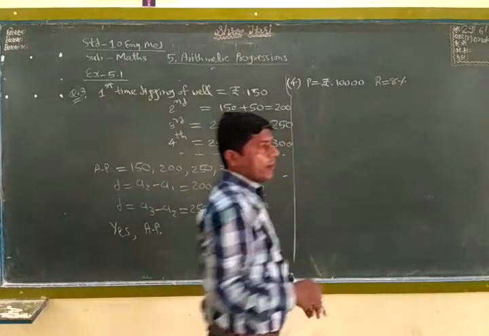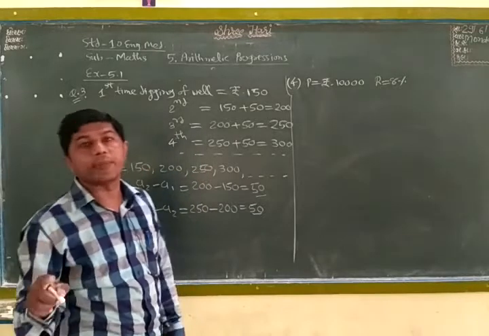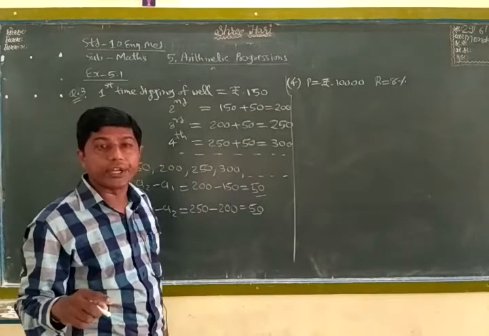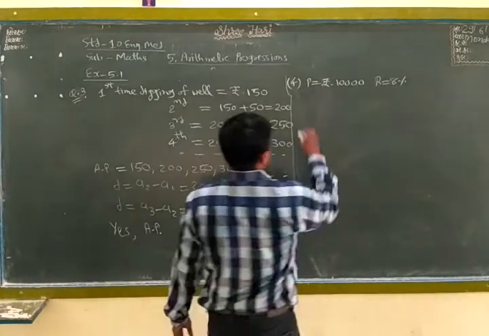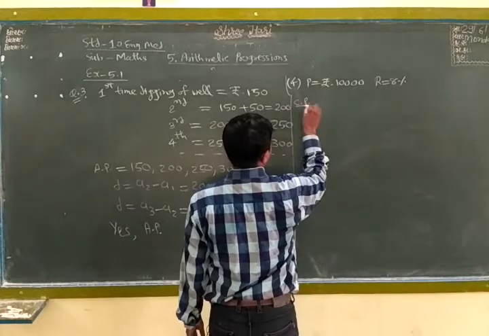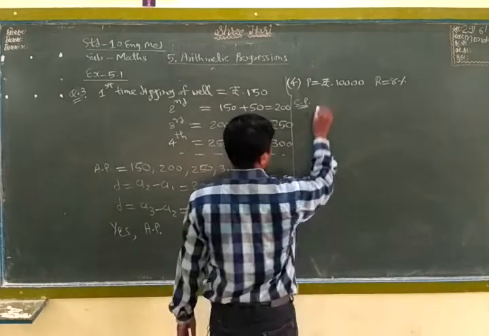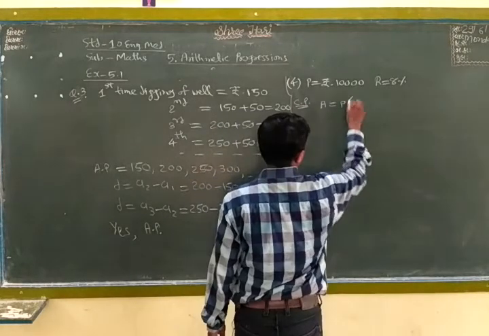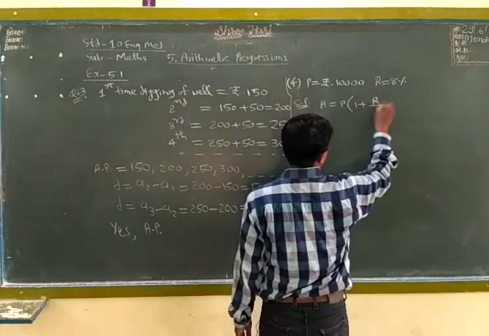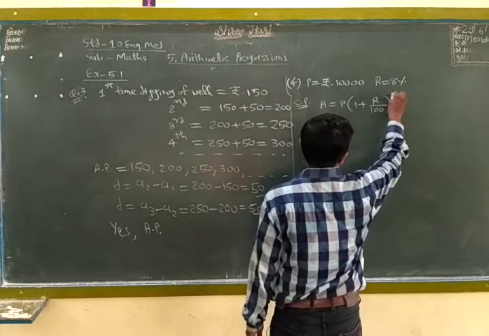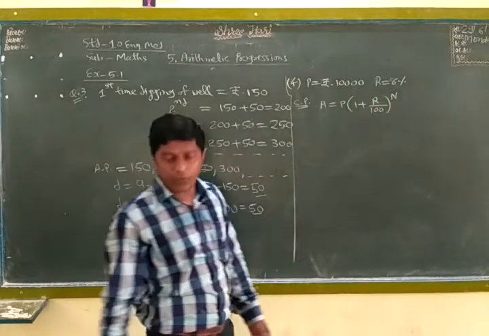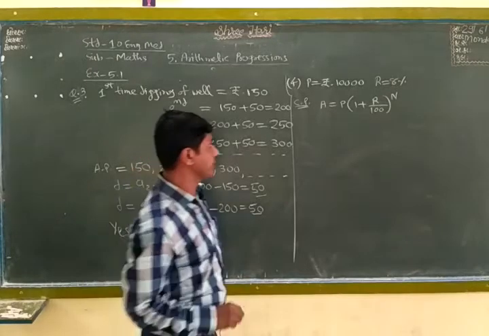But we want to find the arithmetic progression of compound interest. Okay, so compound interest we want to find. So A is equal to P bracket 1 plus R by 100 raised to N. This is the formula for the first year.